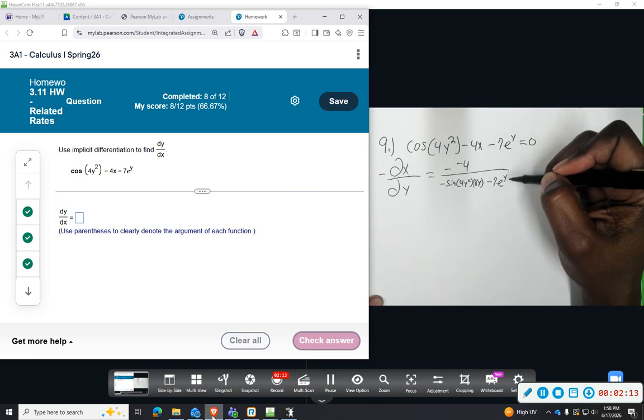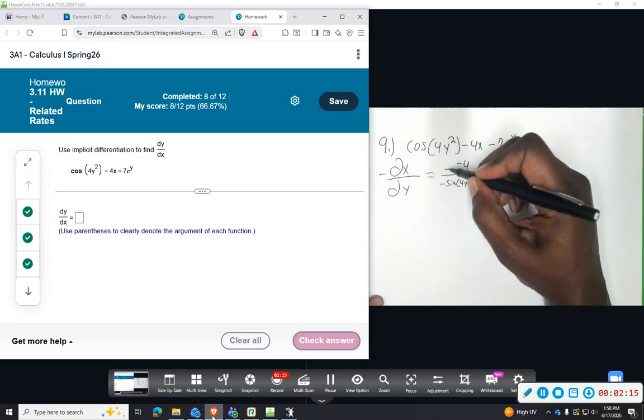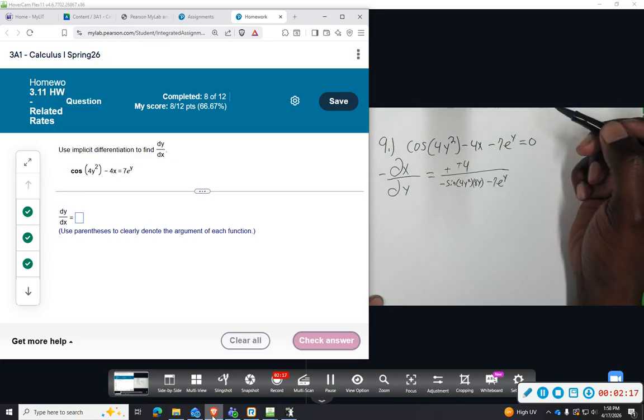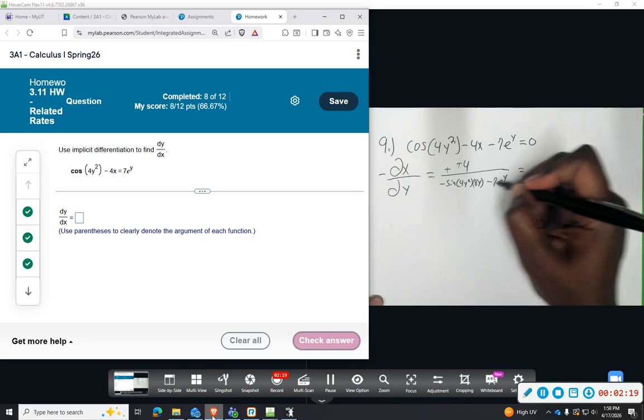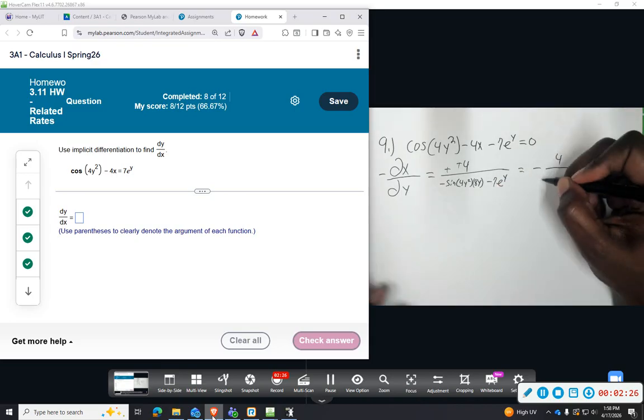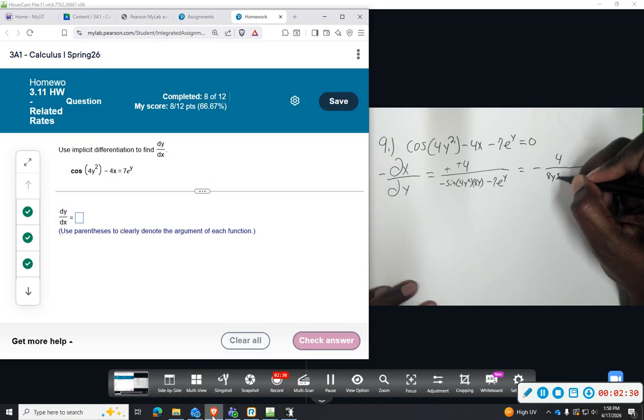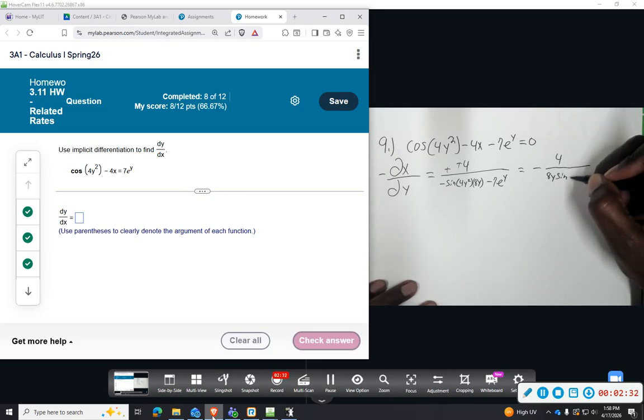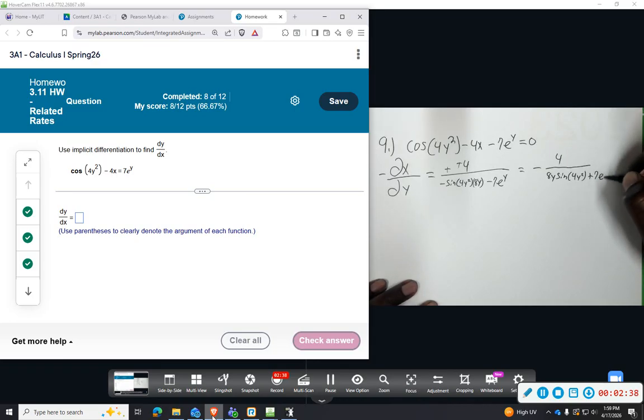And so negative times a negative is a positive. That should be good. And so we can factor out the negative on the bottom and just say negative 4 over 8y sine of 4y squared plus 7e to the y.